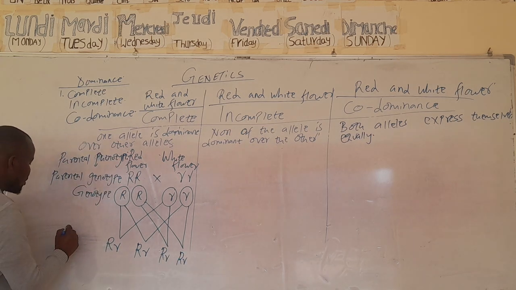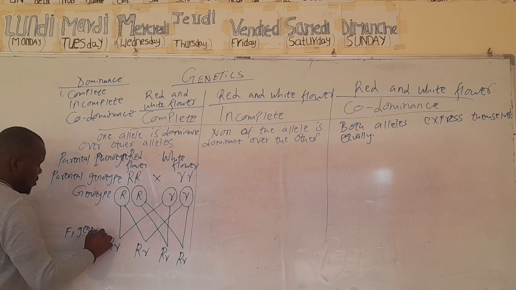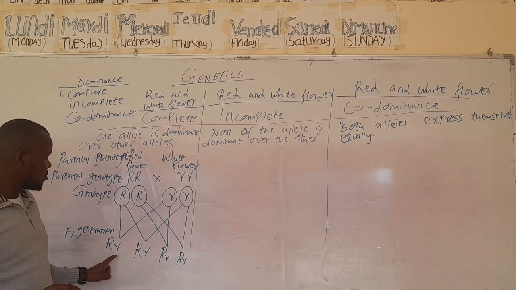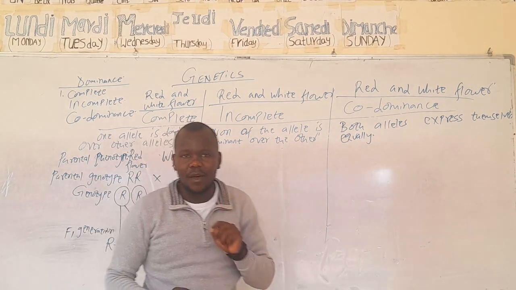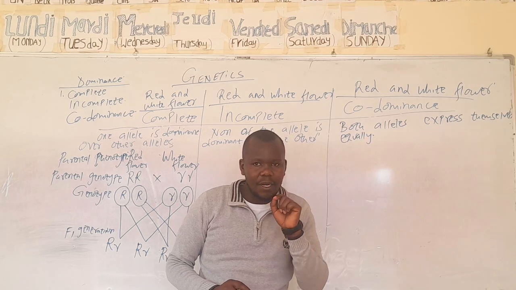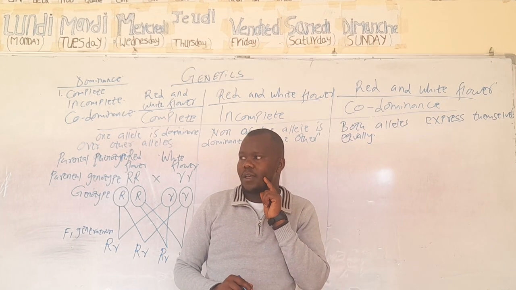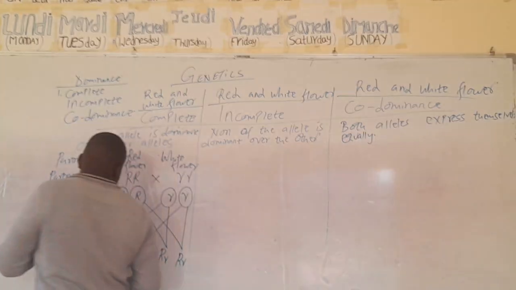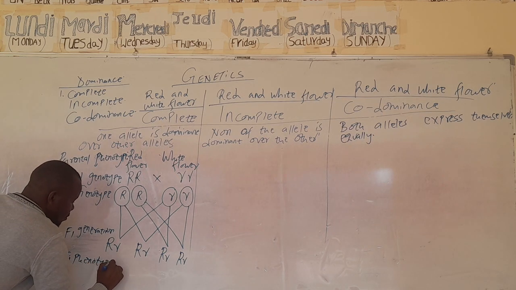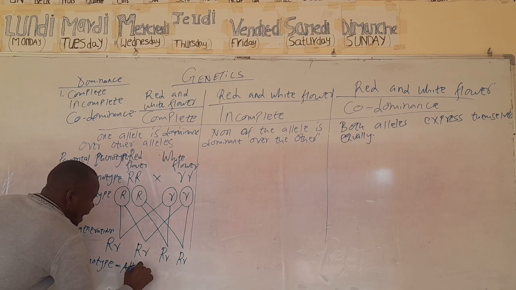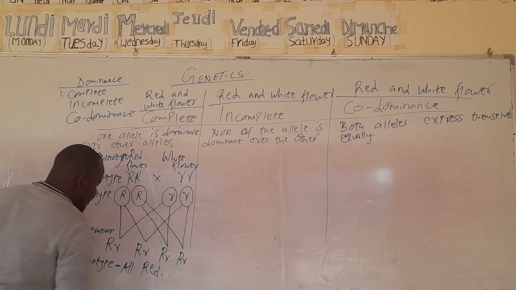So this is the F1 generation genotype. Capital R represents the red flowers, so it means red is dominant over white. The F1 phenotype is all red.